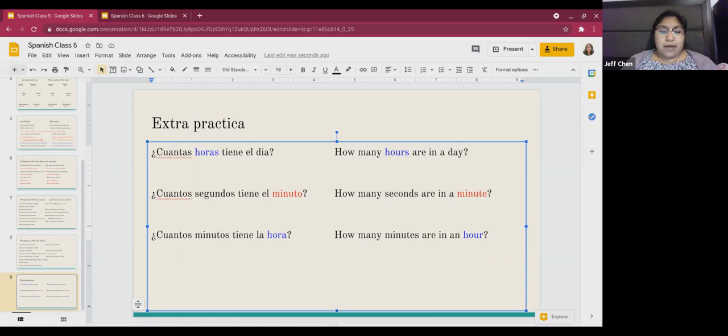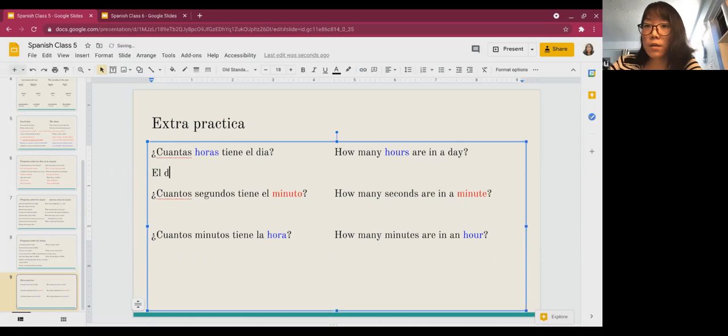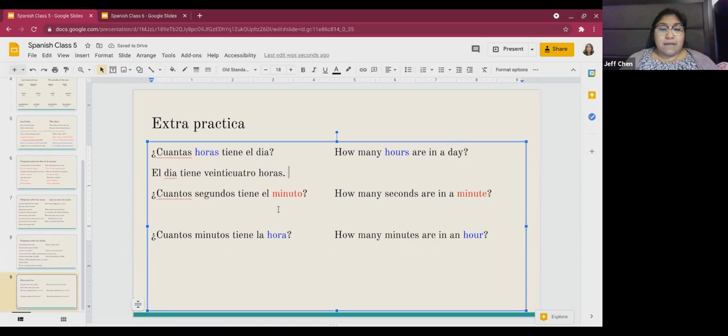So you would respond with el día tiene 24 horas. Muy bien. El día tiene 24 horas. ¿Ok?